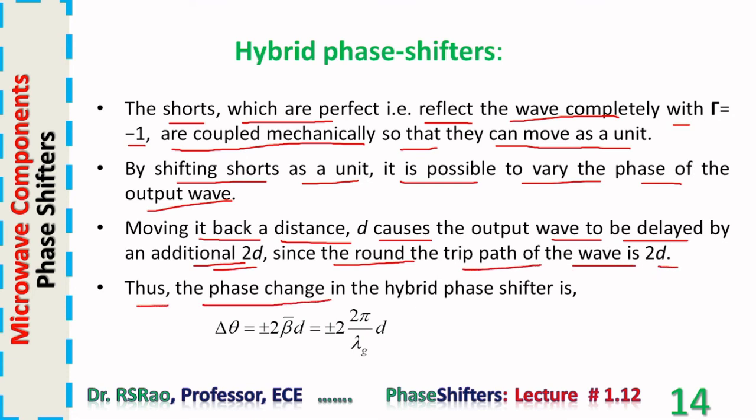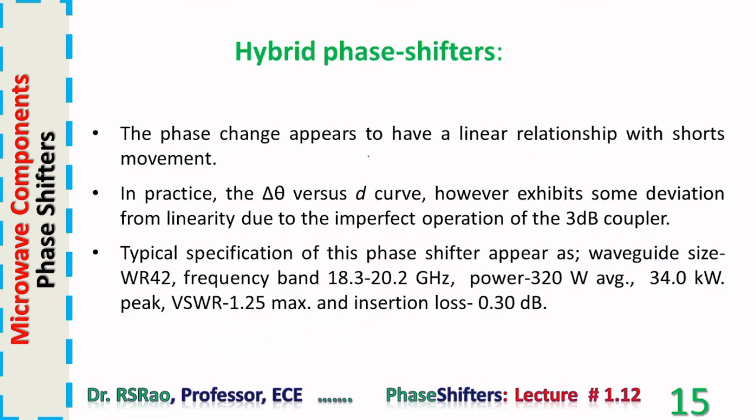Thus, the phase change in the hybrid phase shifter is plus or minus 2 beta d, for d equal to plus or minus lambda g by 4 pi. This is the formula. The phase change appears to have a linear relationship with the short movement. In practice, the delta theta versus d curve, however, exhibits some deviation from linearity due to imperfect operation of the 3 dB coupler.